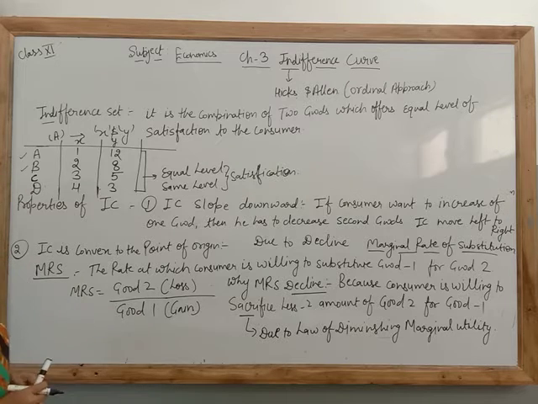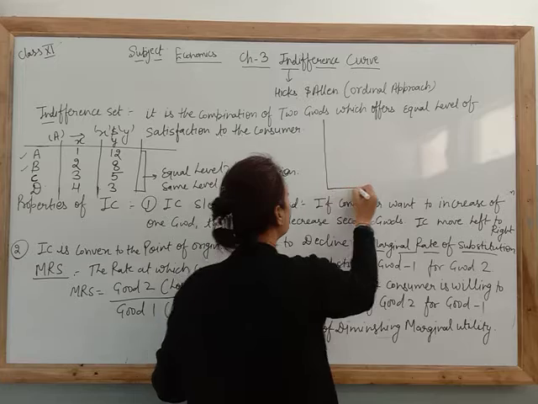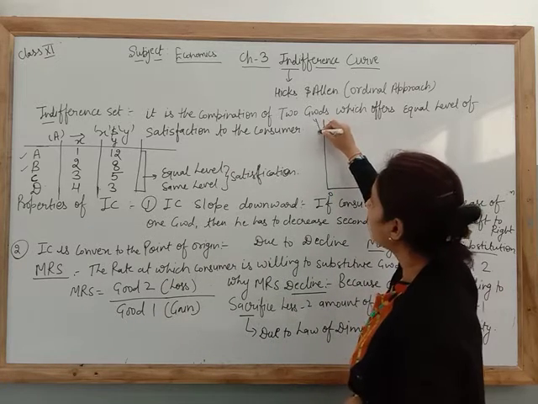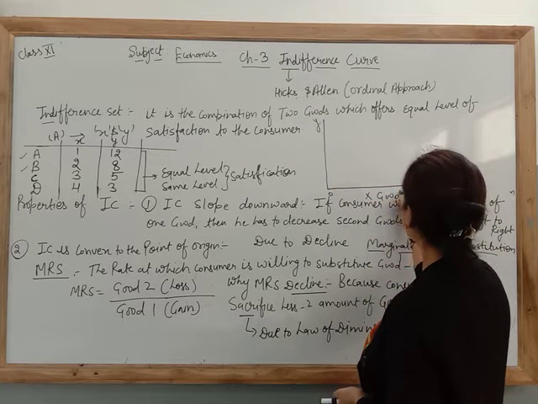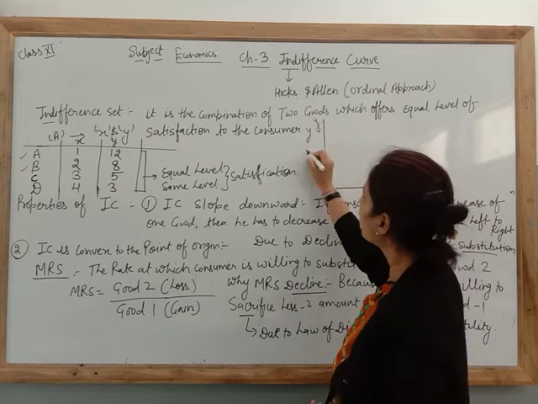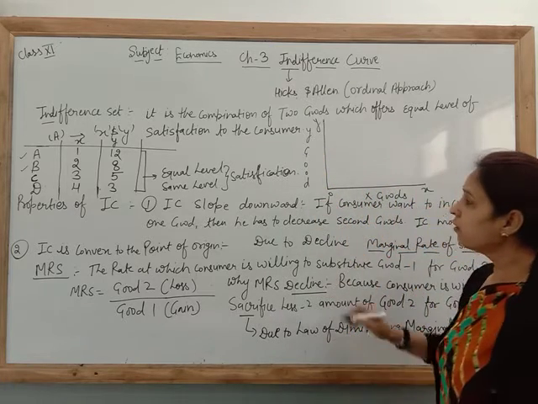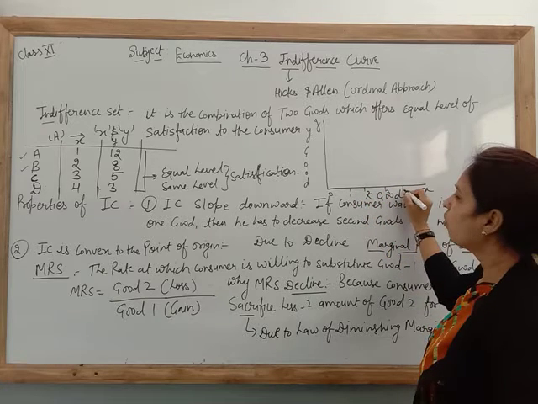Clear? Now how are we going to show it diagrammatically? Look at there, O, X and Y. Here we are going to take X goods and here we are going to take Y goods. Clear? Now look at there. Here X is 1, 2, 3, 4.